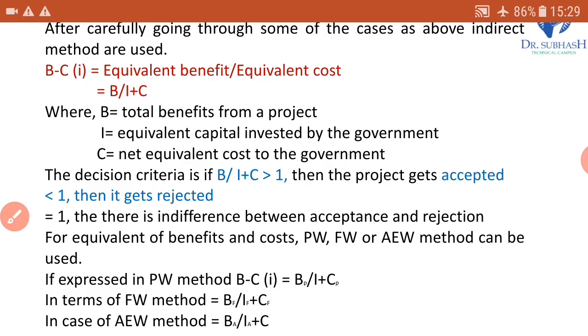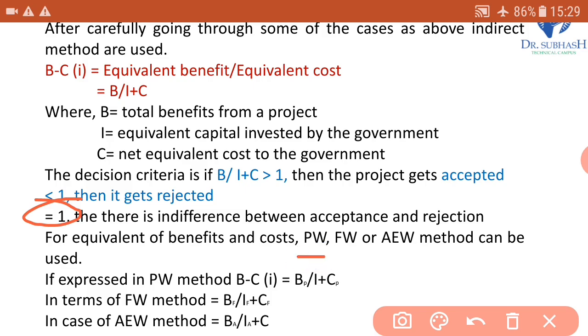And in some cases, if it is equal to 1, then there is an indifference between acceptance and rejection. For equivalent benefits and cost, the present worth, future worth, or annual economic worth method can be used.